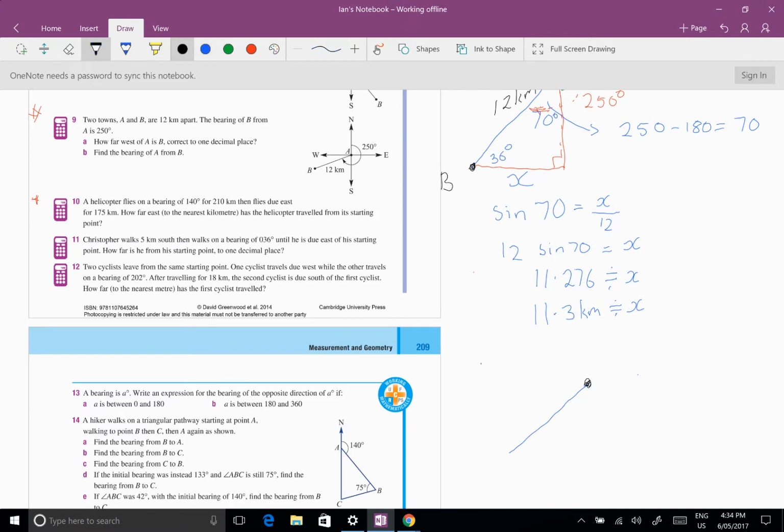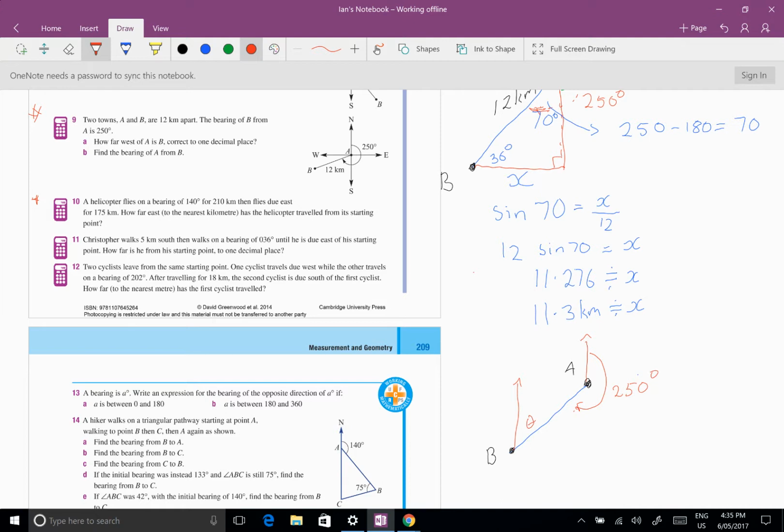Here's A. And here's B. And remember, I've got this angle here of 250 degrees. But now I need to find the bearing of A from B. So I need to find this angle in here.